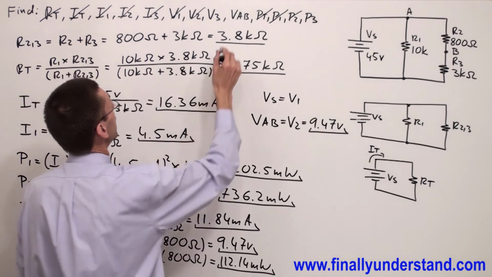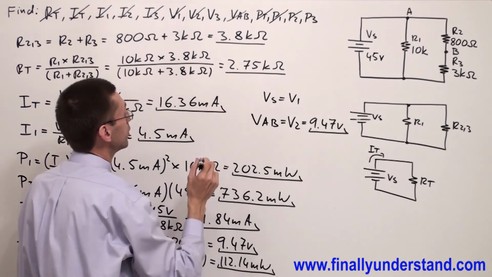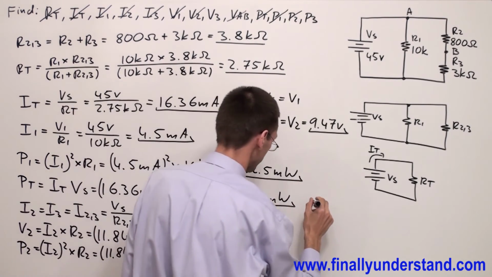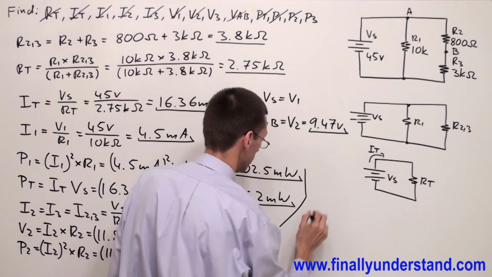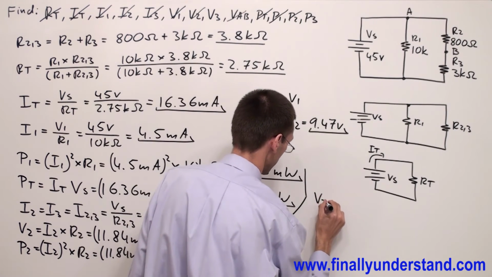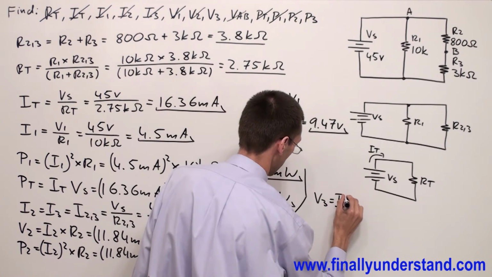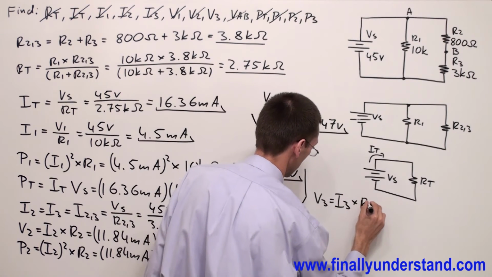So we found VAB. If you want to find V3, let me write this over here. V3 is equal to I3 times R3.